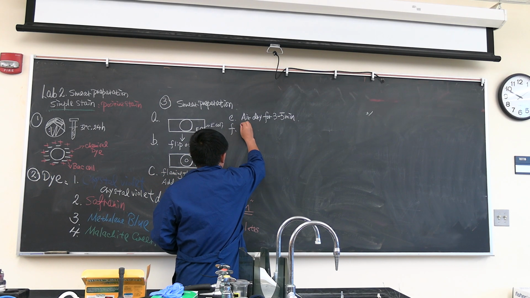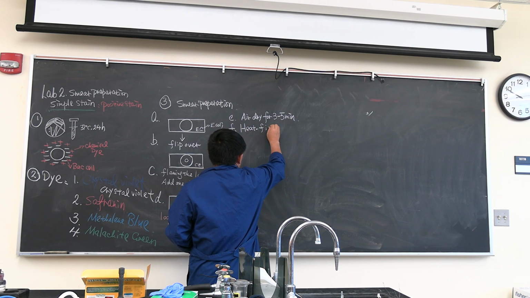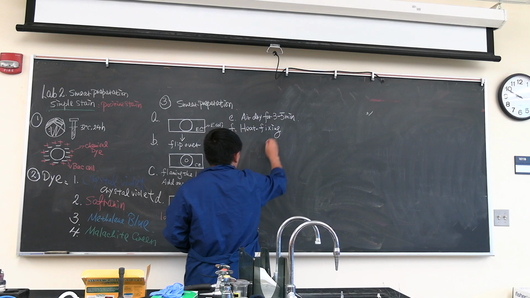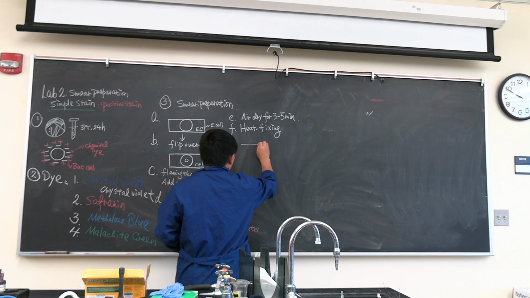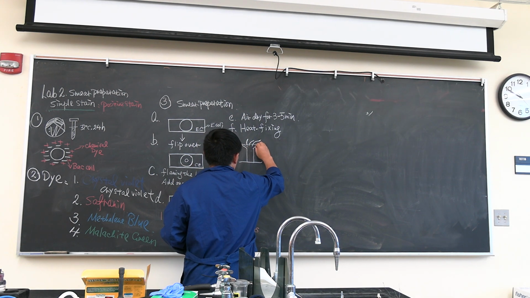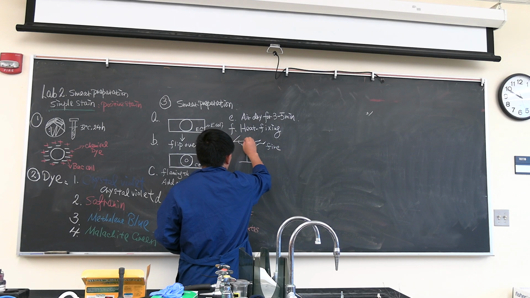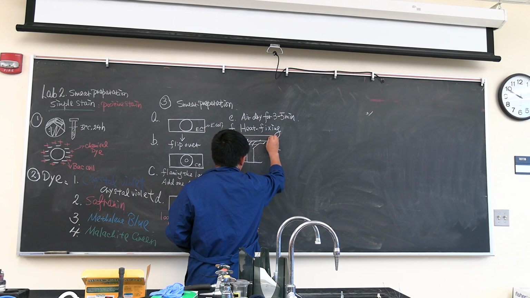Next one is called heat fixing. Heat fixing, if you have a Bunsen burner like this, you have a fire, basically a glass slide is on the surface.